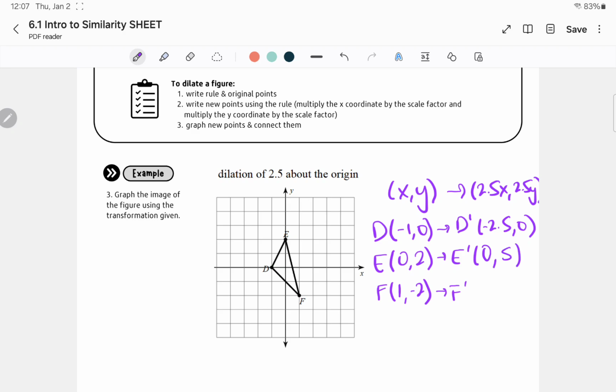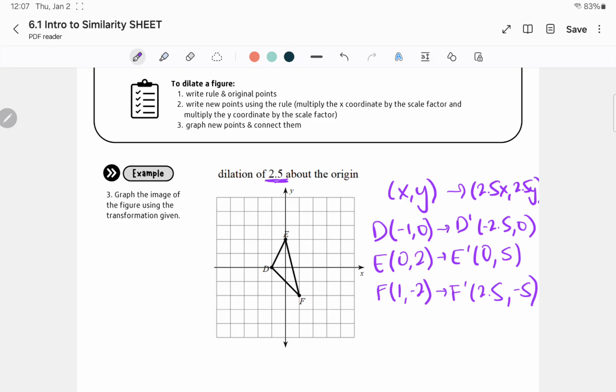If you need help multiplying decimals, you can always use a calculator. And then with F prime, we have 1 times 2.5, which is 2.5. And then -2 times 2.5 is -5. All we're doing is taking each number and multiplying it by the scale factor.